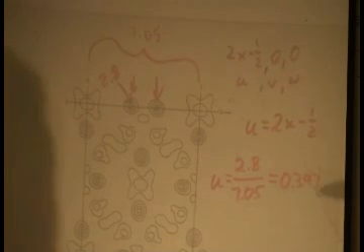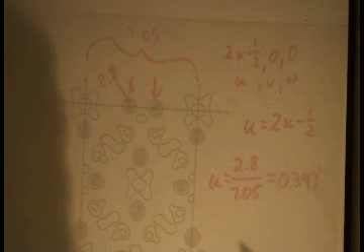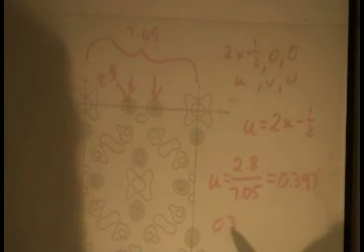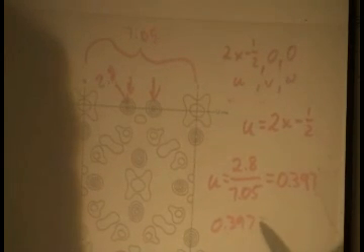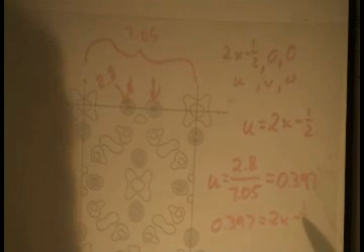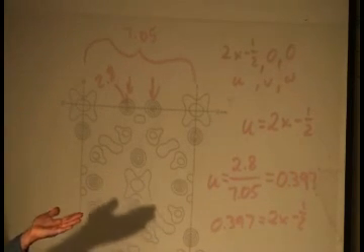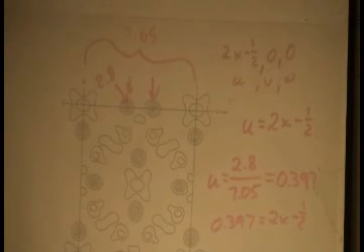All right. So what we now know is that 0.397 is equal to 2x minus 1/2, right? Because that is what we know from the Patterson map has to be that interatomic distance.